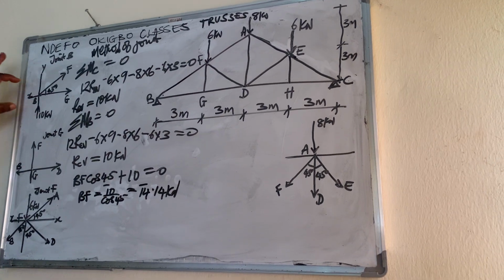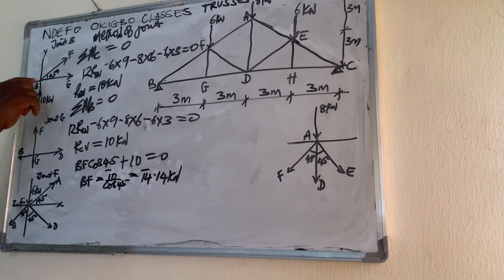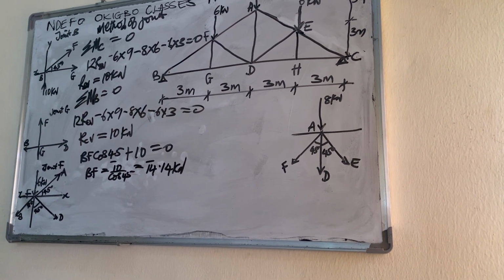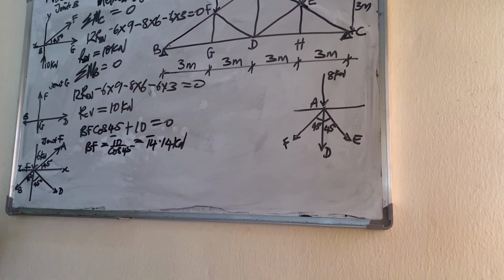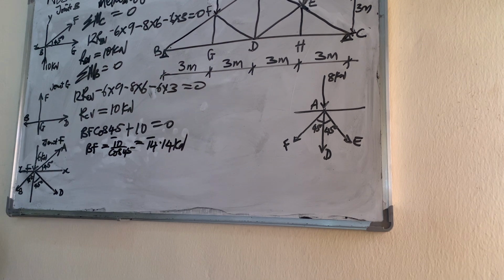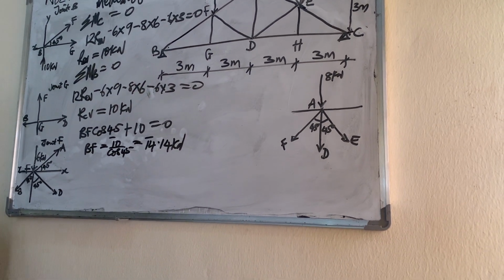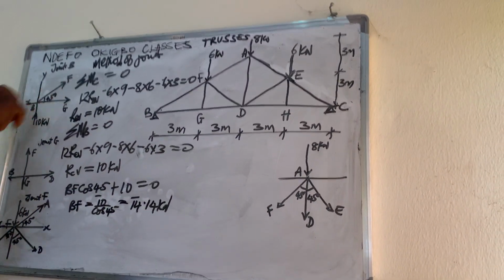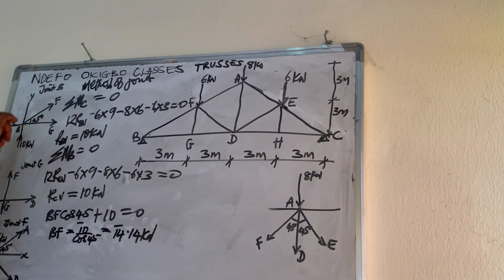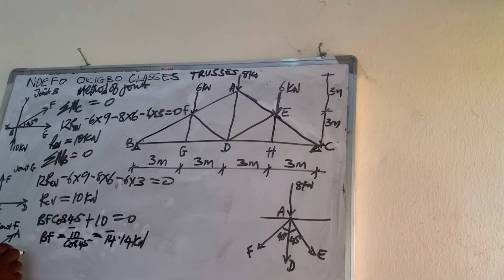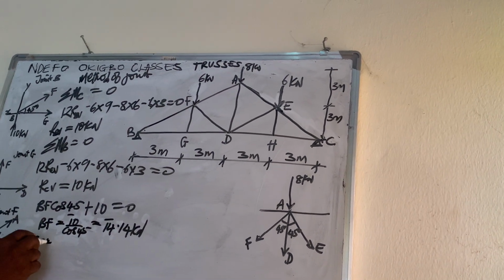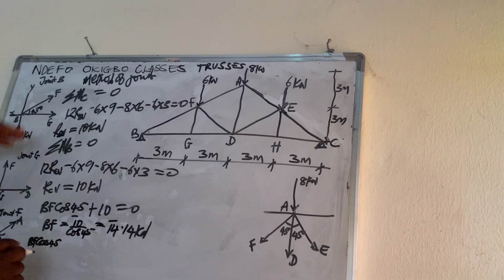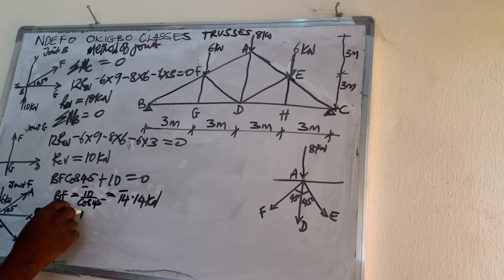So the next one is to get the force in the member BG. To get that, I sum horizontal forces, that is equal to 0. So one of the horizontal forces is BF cos 45, plus BG.